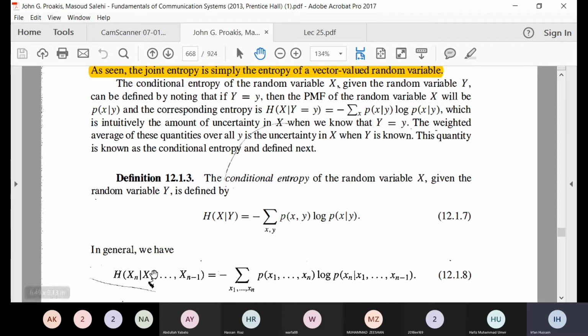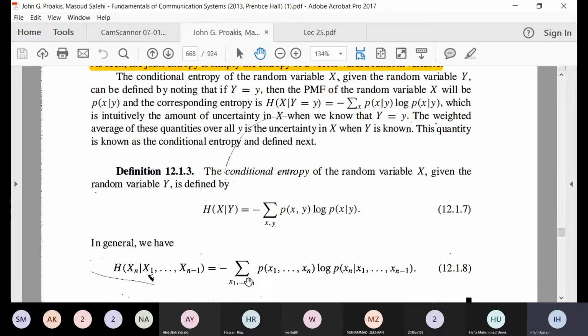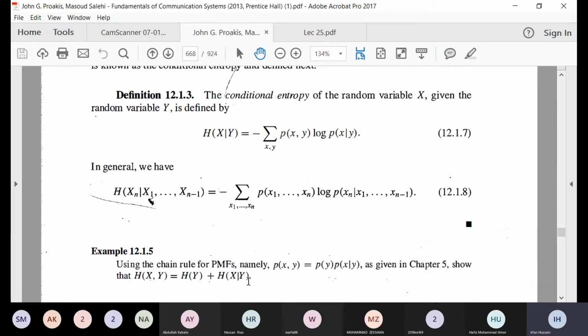And you can also now define this in terms of multiple random variables. So X_n, given all these, will be the probability of this thing: the probability of the joint of x and y, as you saw, and then the probability of x given all these random variables, where you are summing over all the random variables.